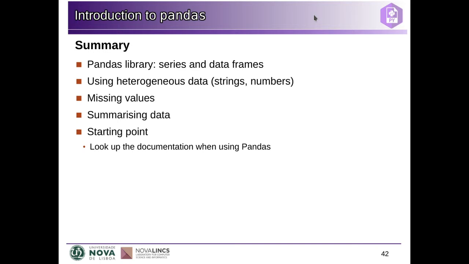This allows us to use heterogeneous data because we can put together strings and numbers and different types of values in the same table. And it has functionalities for dealing with missing values, for selecting parts of the table, for summarizing data, and so forth.